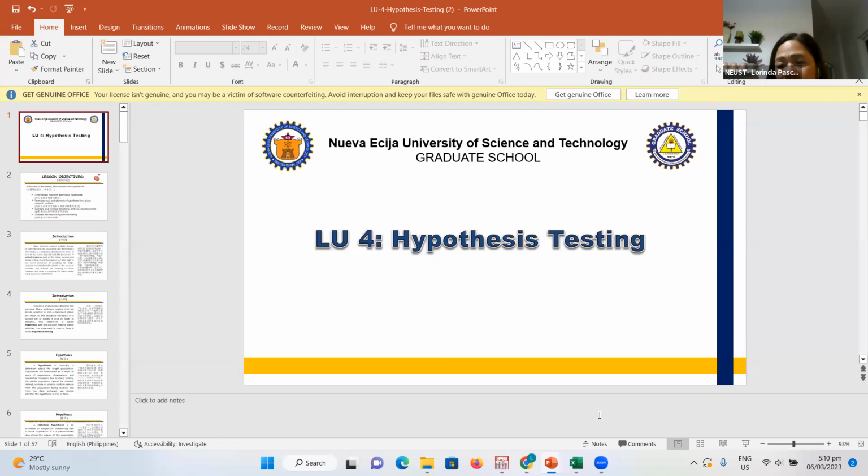Meron bang effect yung variable dun sa isang variable? So the answer is either yes or no. So we assume always the null hypothesis that there is no. So the answer, tentative assumption is there is no. So bakit kaya laging wala ang assumption natin? So i-discuss natin pertaining to Learning Unit 4 or hypothesis test.